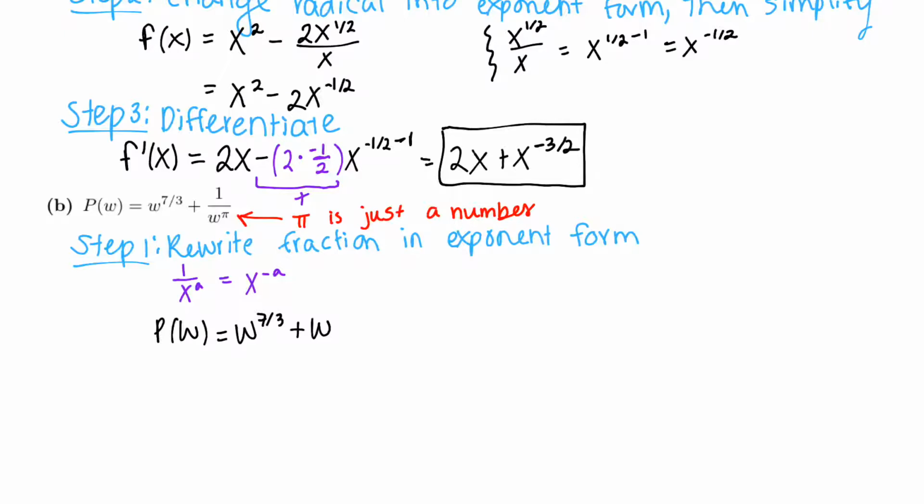It extends forever, but it's just a number nonetheless. This is w raised to the negative pi. And then we can differentiate.